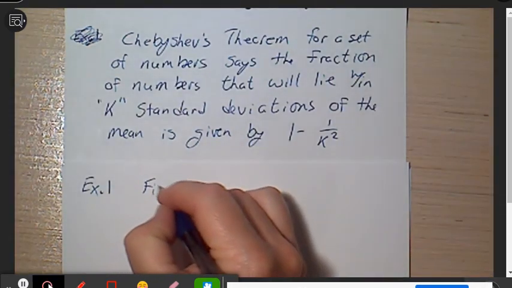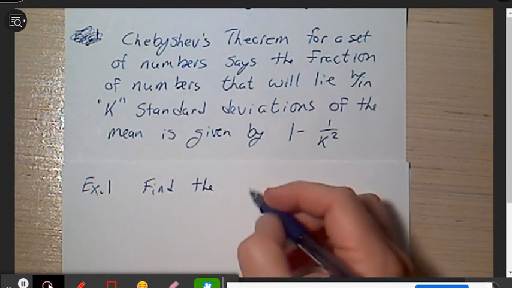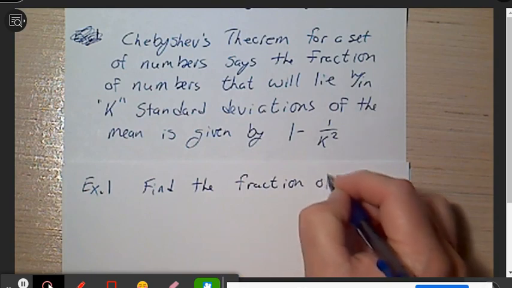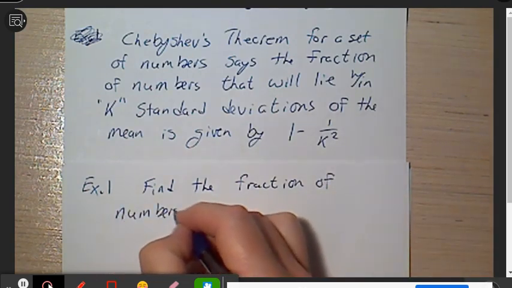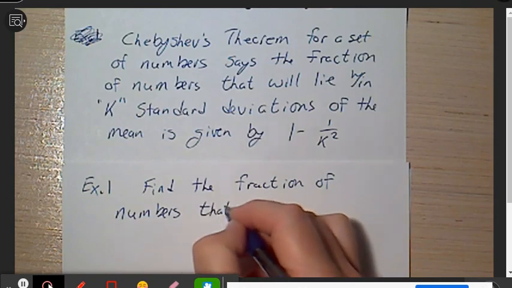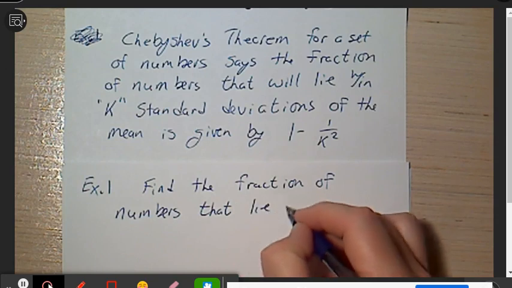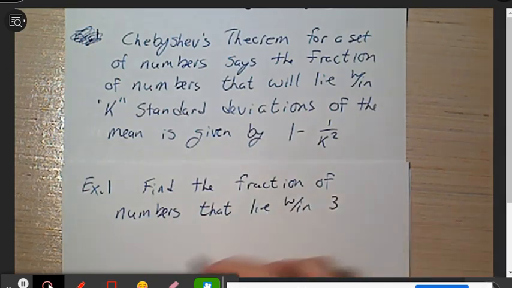Example 1, we're going to say find the fraction of students or fraction of numbers that lie within 3 standard deviations.